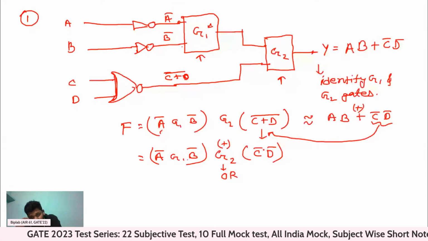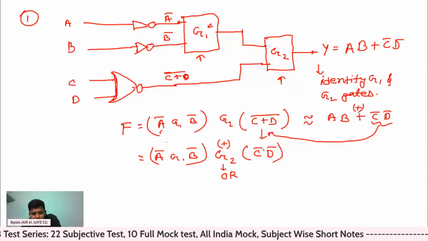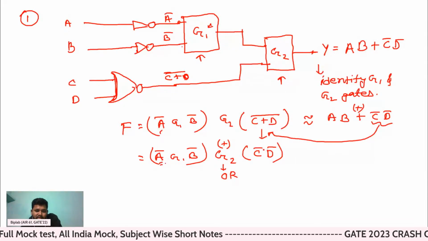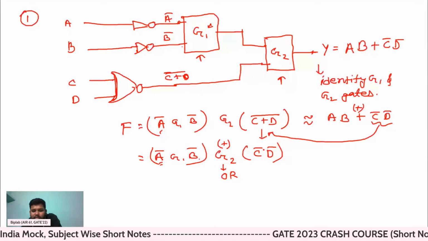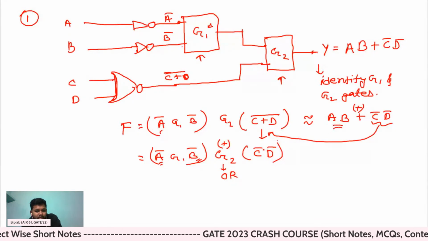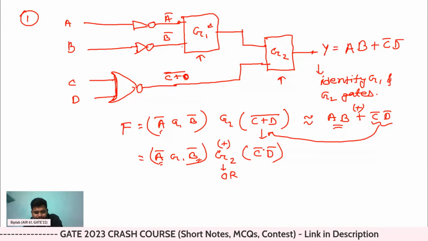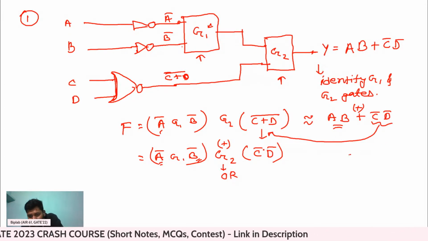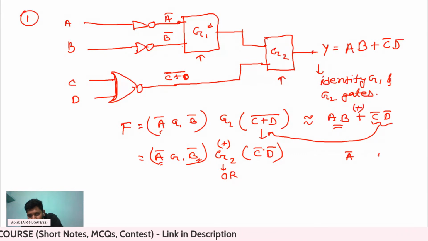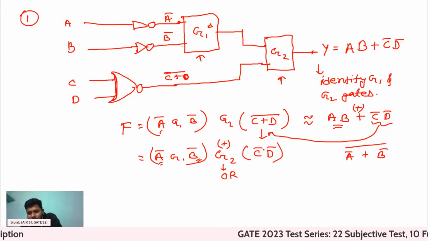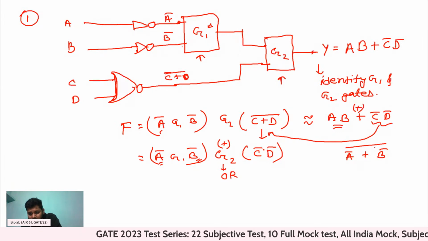Okay. Now using some gate, A bar and B bar should result in AB. This is what you have to identify. Now you know you have A bar and B bar, and you have to make it AB. So if you plus them and then not them, first we do addition, then not.